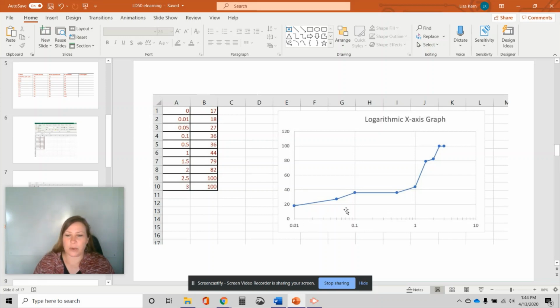So instead of going 1, 2, 3, 4 along our x-axis, or I suppose 0, 1, 2, 3, right? We're doing powers of 10. So 0.01, 0.1, 1, and 10. And then you see these little hash marks at the bottom, and those are the numbers that go in between.